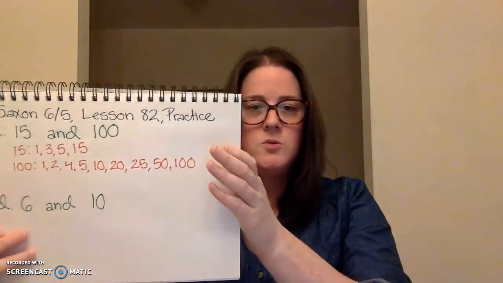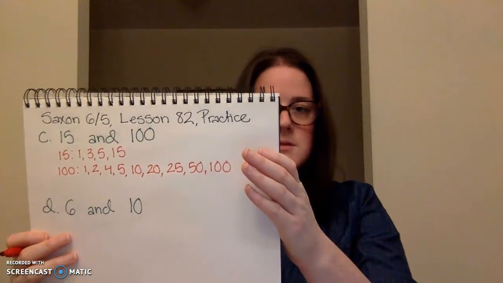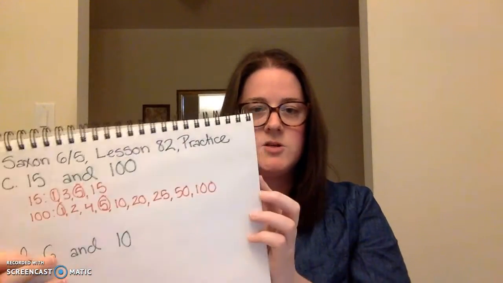Those are my factors. So 1 and 5 are my only common factors. So my greatest common factor is 5. I do want to make sure, though, that I list out all my factors so that I don't accidentally miss my greatest common factor because I've gotten a pretty big one and then I've just stopped.